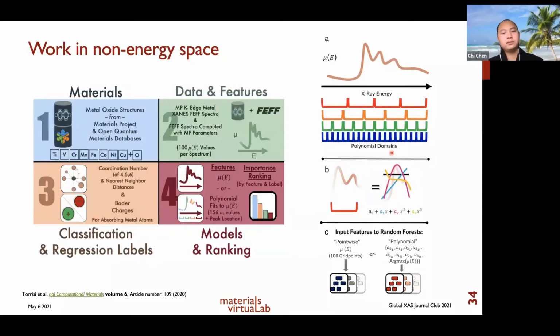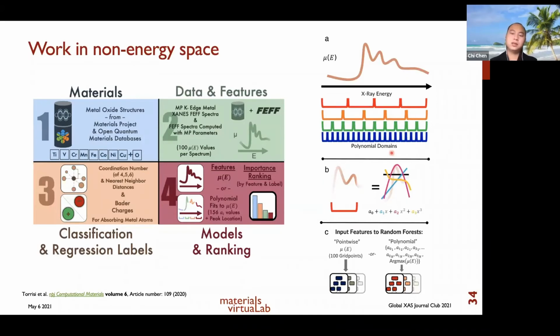And instead of using just the spectrum as the input, there is also work that uses the non-energy space as the input. For example, in this work from the Toyota Research Institute, they divide the spectrum into a series of domains, and for each of the domains, they fit a polynomial function to it. They extract the polynomial coefficients as the descriptors and combine them together to form the inputs for the model.